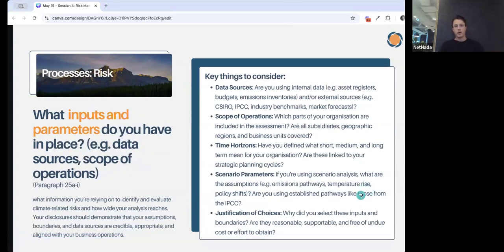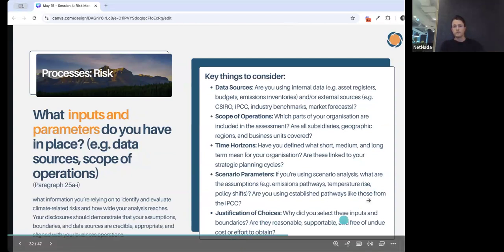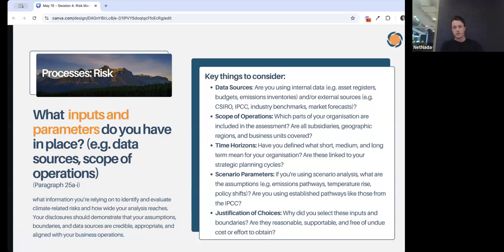Okay, so our inputs and parameters, key things to consider here, just straight from the slide. Data sources, the scope of operations, time horizons, the scenario parameters, and the justification of choices. These are things that we've already touched on in this webinar, and I think it speaks to the fact that this process is not overly complicated.